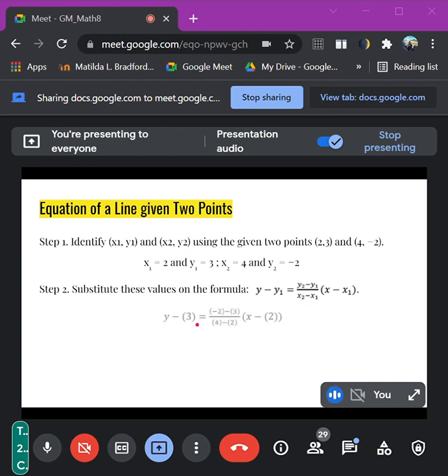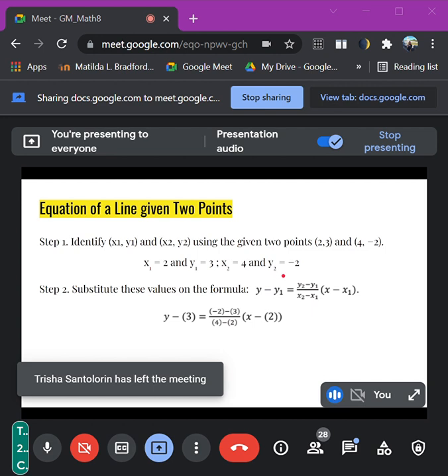So, we have here, as you can see, ang y sub 1 nahimo siya og 3. And then is equals to your y sub 2 that is negative 2 minus your y sub 1 is 3 over x sub 2 is 4. And then minus again, you have there your x sub 1. For your x sub 1, that is 2. Okay? So, don't forget ha, both subtraction na siya, class.